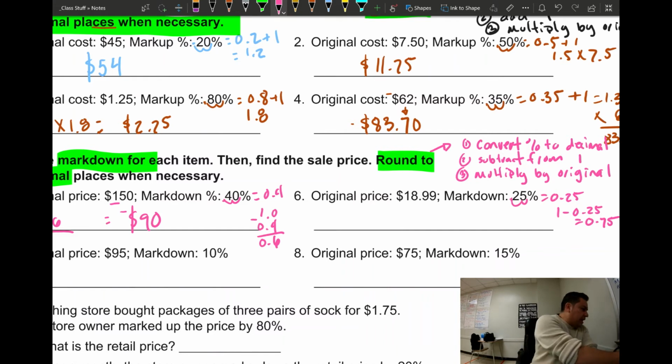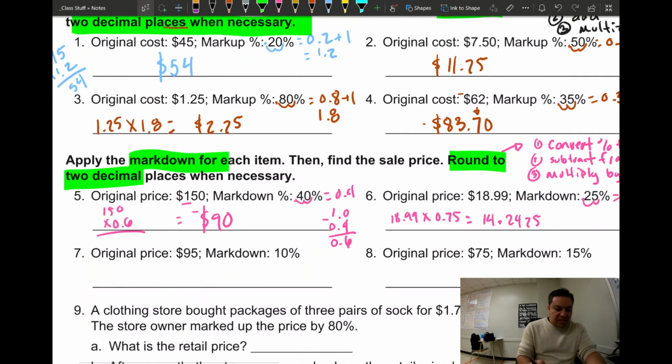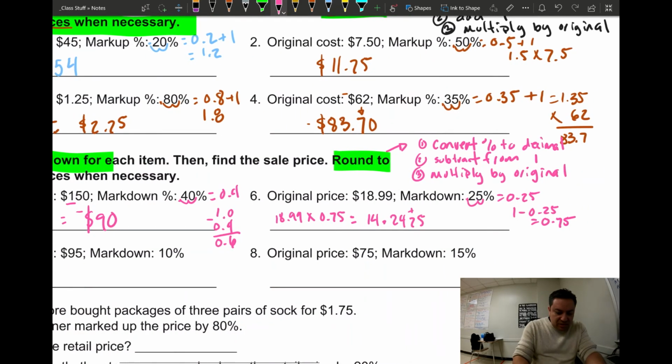When I multiply 18.99 times 0.75, this is the number that I get: 14.2425. However, what does this say right here? 2 decimal places. So I've got to look at this number. That's less than 5. So this is going to be 14.24.